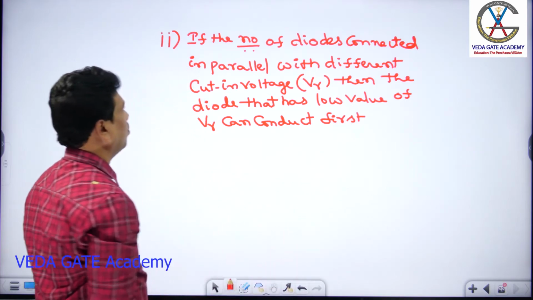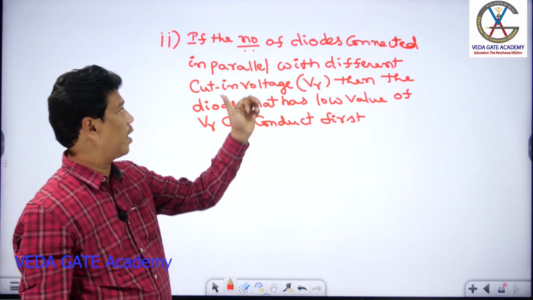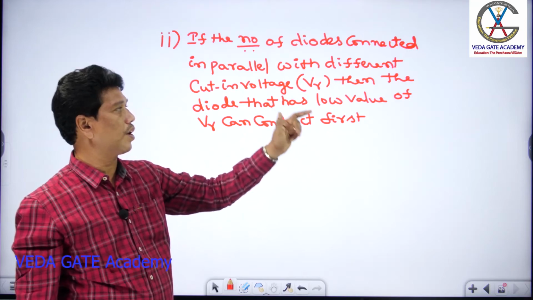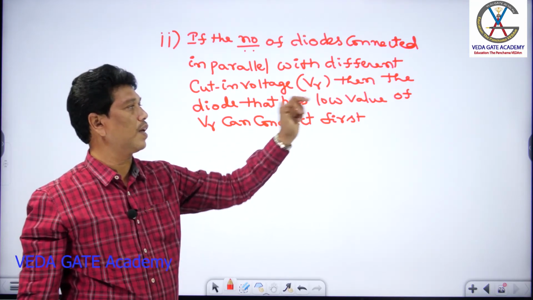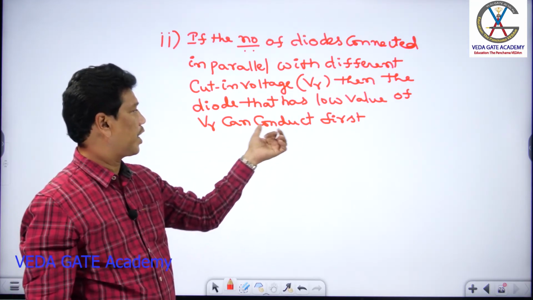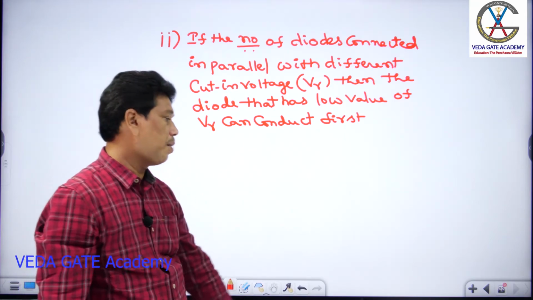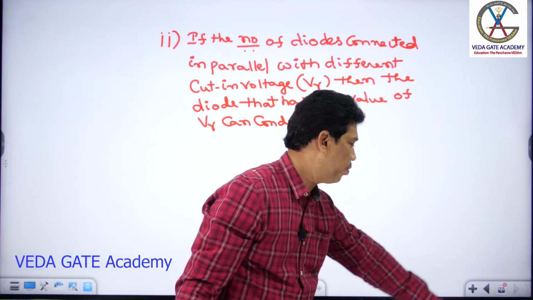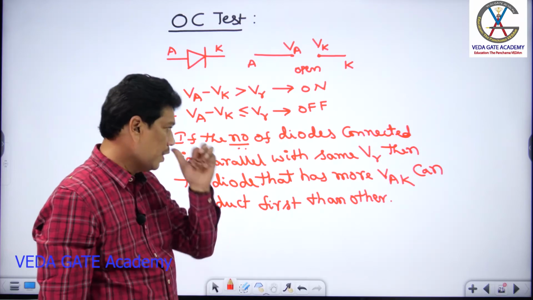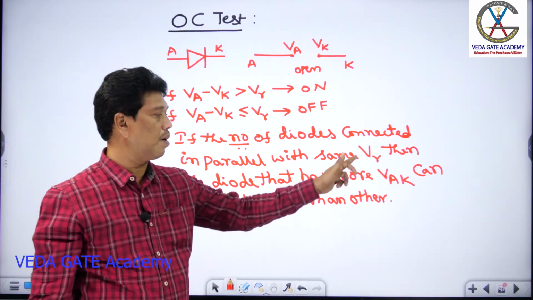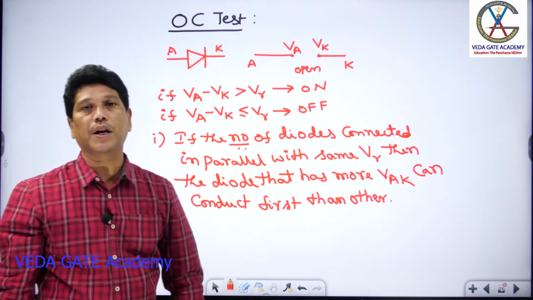So if diodes are connected in parallel with different cut-in voltages, the diode which has the lower cut-in voltage conducts first. In the previous case, where the diodes have the same cut-in voltage, the diode which has more VAK conducts first.